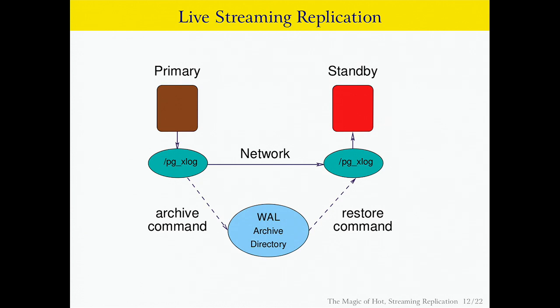When you start up a Postgres database and it's in recovery, you can't connect. But when you're running as a standby, it's perpetually in recovery, and you can. So the question is, when you crash and go into recovery, you can't connect, but you can connect in streaming replication mode. There's a special mode called hot standby, and it allows you to do read-only connections while Postgres is effectively in crash recovery.